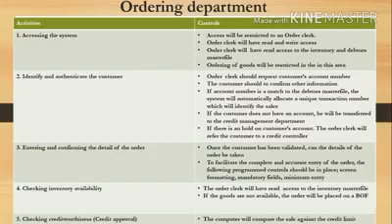Number 3, entering and confirming the detail of the order. Once the customer has been validated, the details of the order can be taken. To facilitate the complete and accurate entry of the order, the following programmed controls should be in place: screen formatting, mandatory fields, as well as minimum entry.